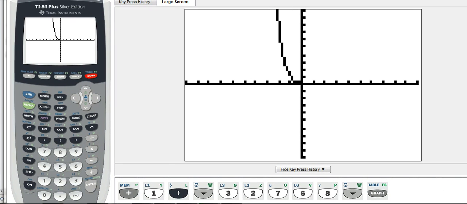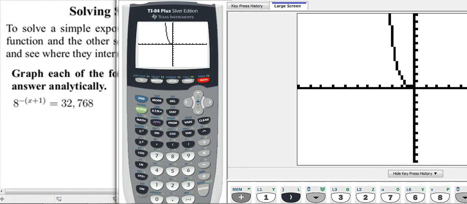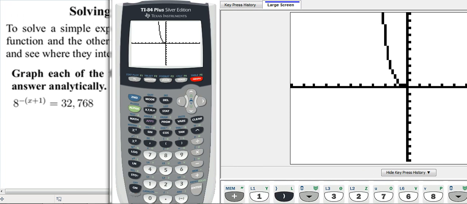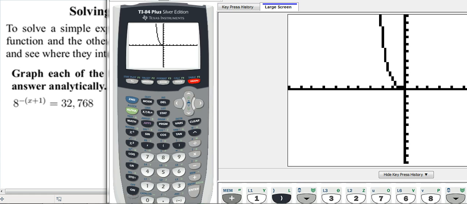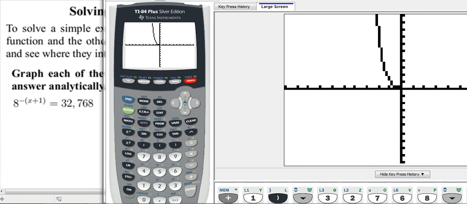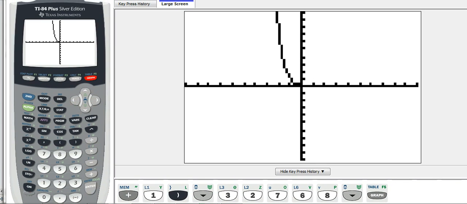I think I had my graph set on standard. So we see the first curve that we entered, and then the second curve was 32,768. So we're going to have to adjust our window to accommodate 32,000, well, probably 33,000 at least.